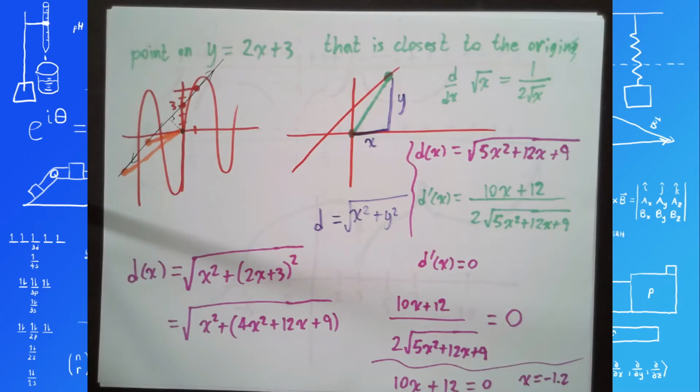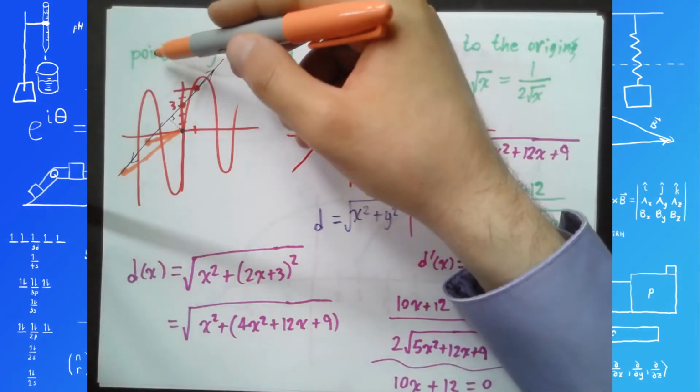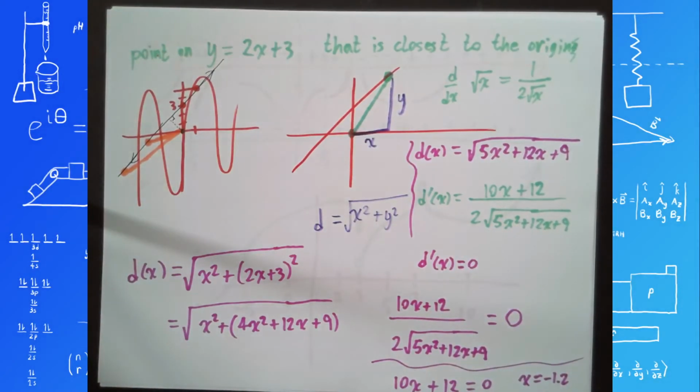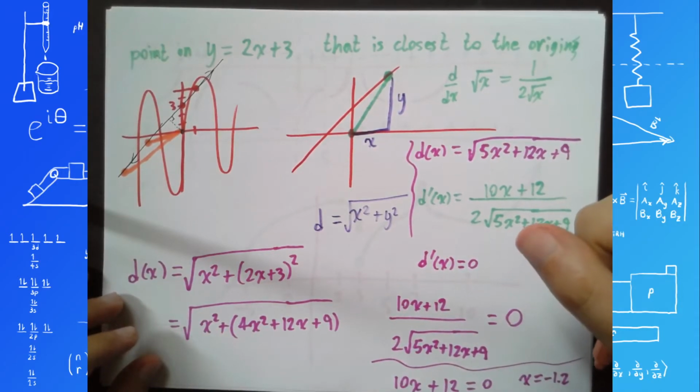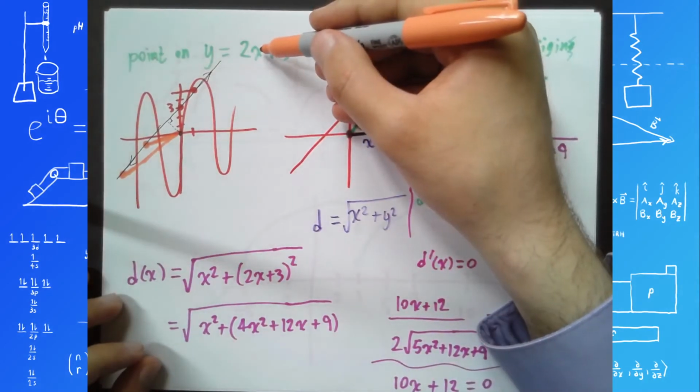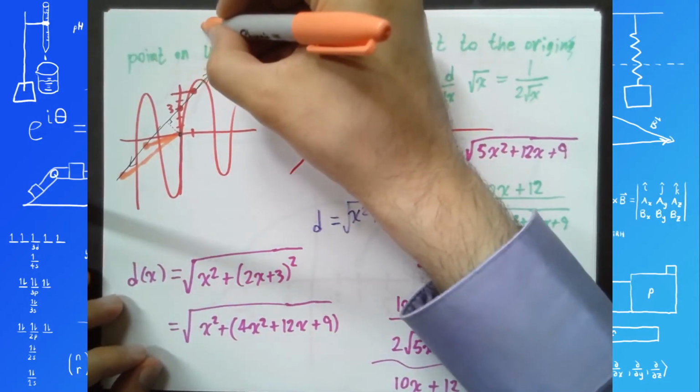So at x equals negative 1.2 is where we get the minimum distance, but the question was find the point, so x and y, that is closest to the origin. And then if you want, we can actually calculate the distance too. So negative 1.2 is x. All we have to do is plug it in. Let's go ahead and do that here.